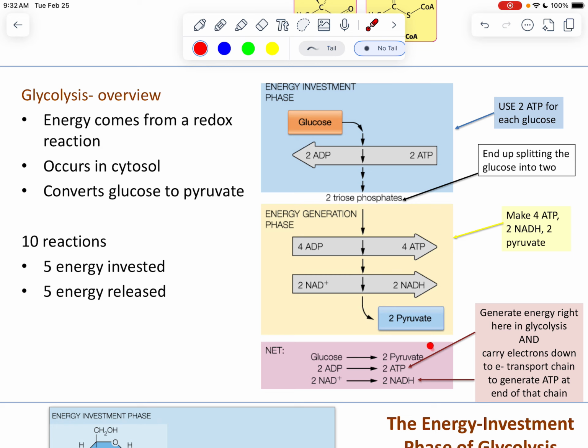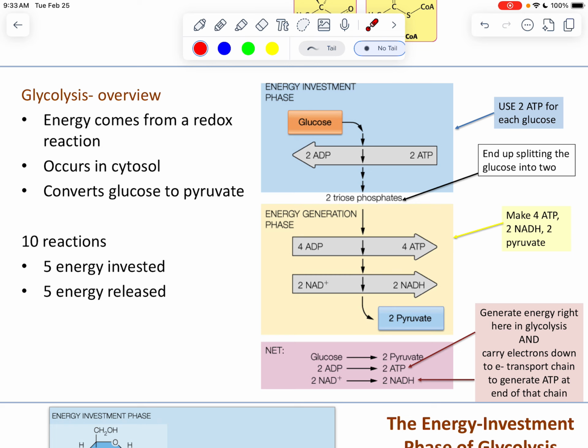So if we come down here to where we show our net, notice that we went from glucose to 2 pyruvates. We made some energy right now, 2 ATP, during glycolysis. But we also make 2 NADH that carry electrons down to our electron transport chain and generate more ATP at the end of that chain.